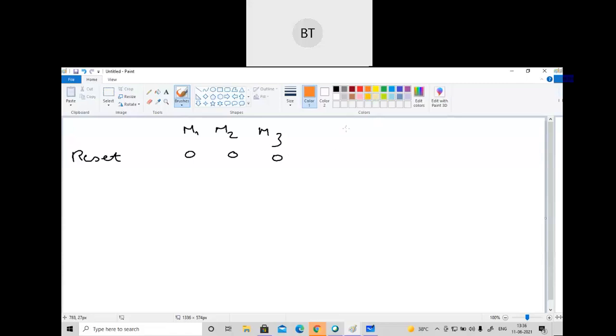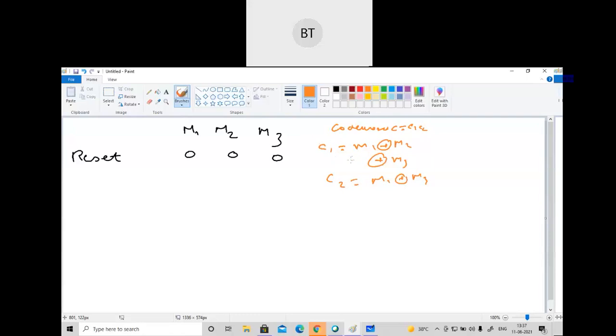And here I'll write code word, C, which will be C1 and C2. C1 will be M1 XOR M2 XOR M3, since 1 1 1 is given, and C2 is M1 XOR M3, since 101 was given.